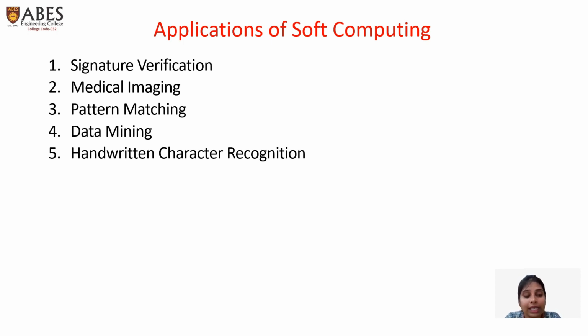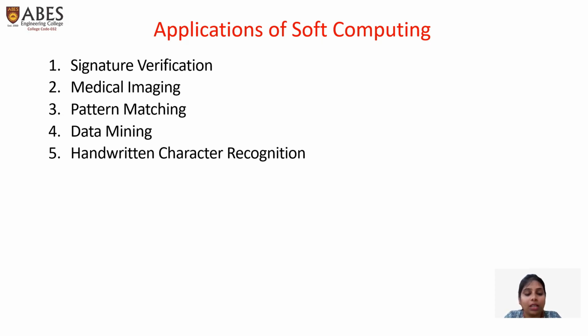Some values are saved in the form of a pattern. When a person enters the same pattern, it matches with the authenticated patterns. If it matches, the person is allowed to enter the phone. So here soft computing is used.